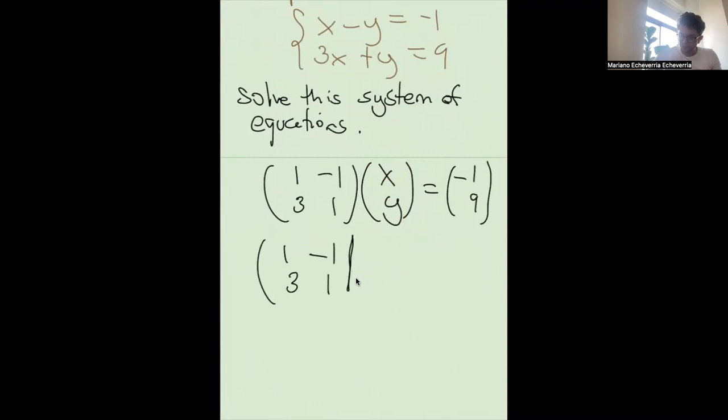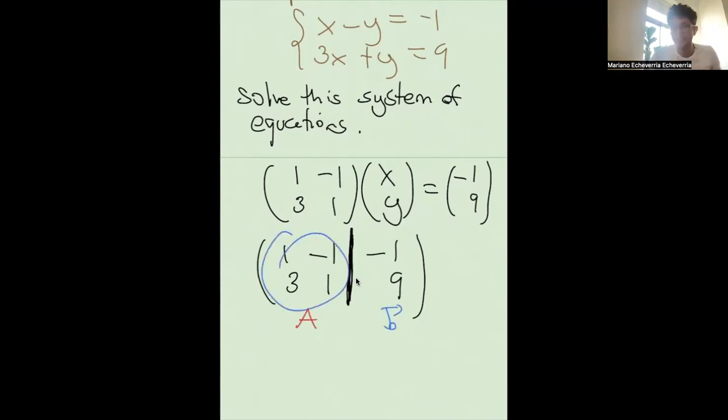It's just more convenient to put the vertical line here because that way you only see the coefficients of the system, the numbers that appear in the system. The variables x and y are always the same. So this is our matrix A, and this is our vector b.